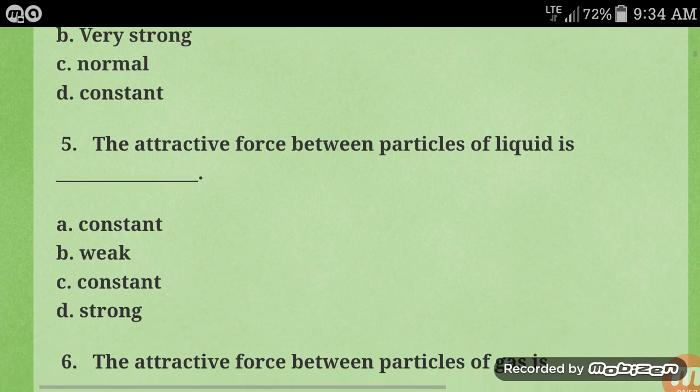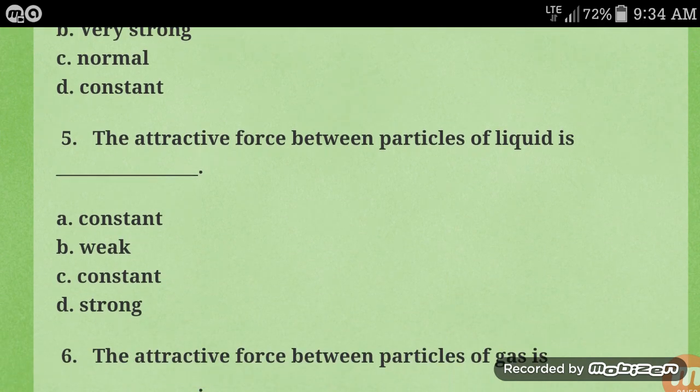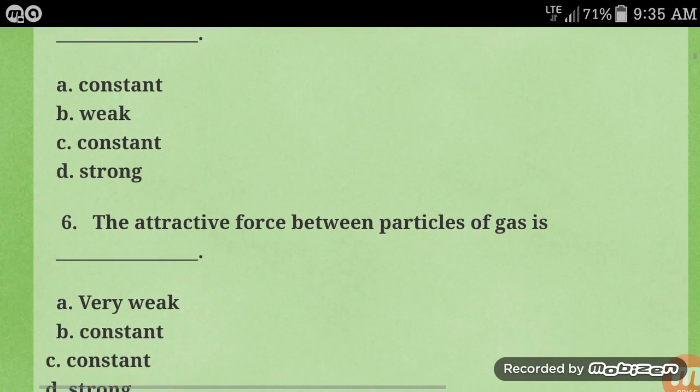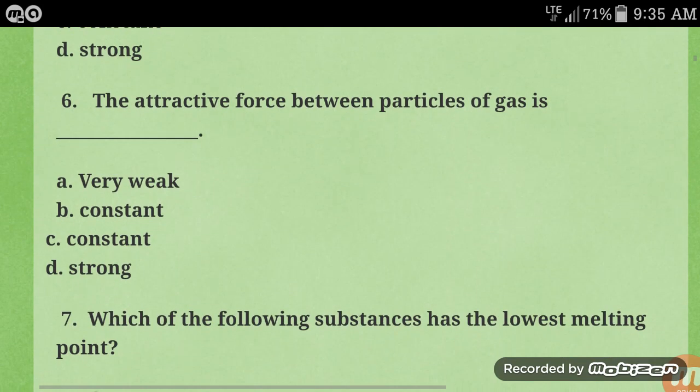strong. Next one, the attractive force between particles of liquid is. What do you think that is? Just strong. Okay, because they actually move, and they are not the same as the gases, but they can move. Okay, so number 6, the attractive force between particles of gas is very weak, of course, because if it's very strong, they cannot move.